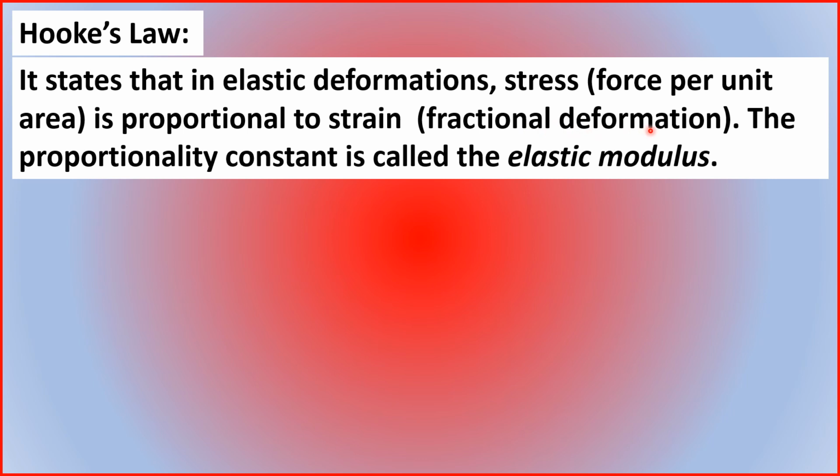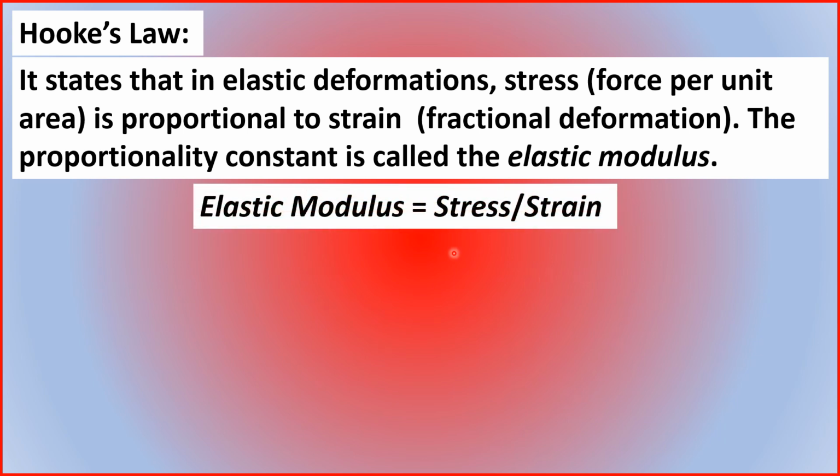The proportionality constant is called the elastic modulus. And this elastic modulus can be determined by just dividing the stress over the strain. Incidentally, this was discussed in my previous video tutorial. Alright?